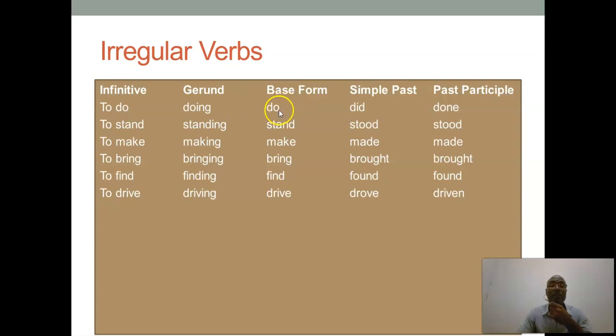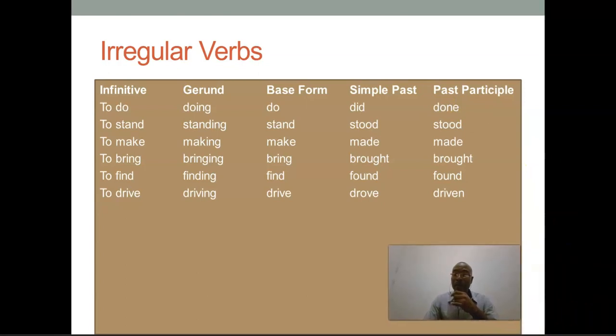The base form, do, remember the base form is the infinitive without to. Simple past, did, and the past participle is done. So by definition, the verb to do is not a regular verb. It is an irregular verb because it does not follow the same pattern as a regular verb in terms of ed at the end of the verb for both the simple past and the past participle.